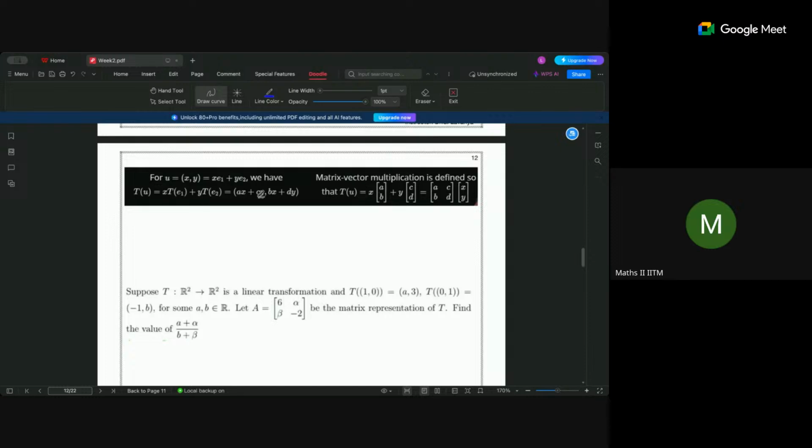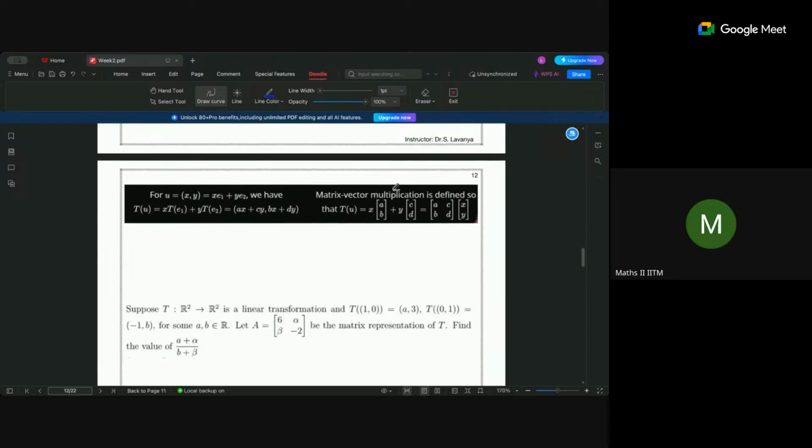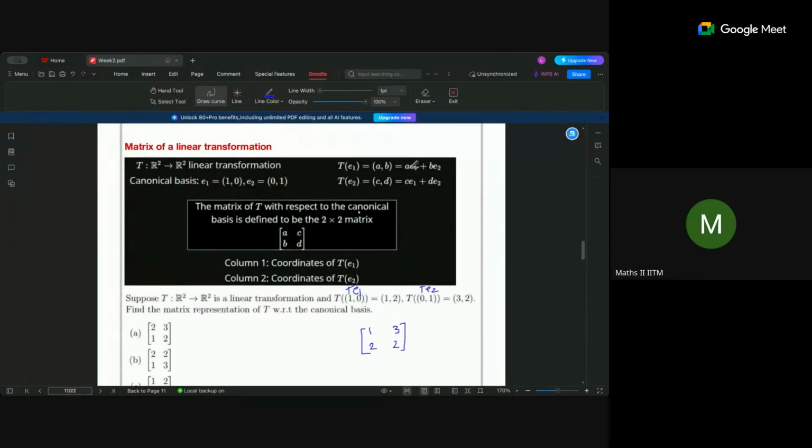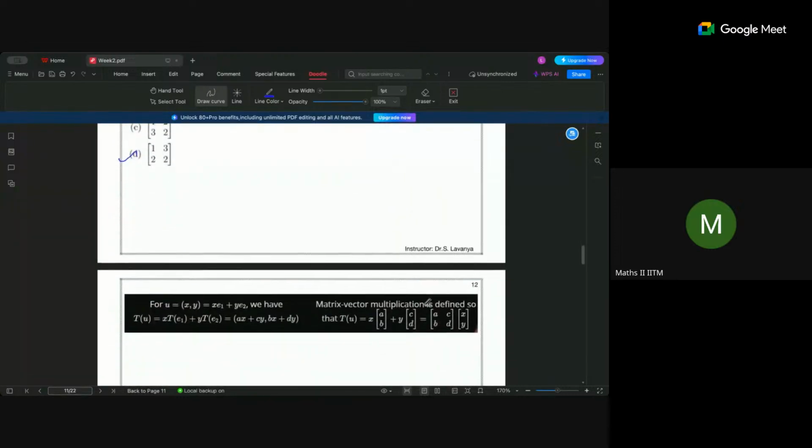You see that now TE1 is AB and TE2 is CD. Then I will write this as a matrix expression. So to find Tu, either I can go this way, or if I have the matrix, I simply have to find the transformation by matrix vector multiplication.